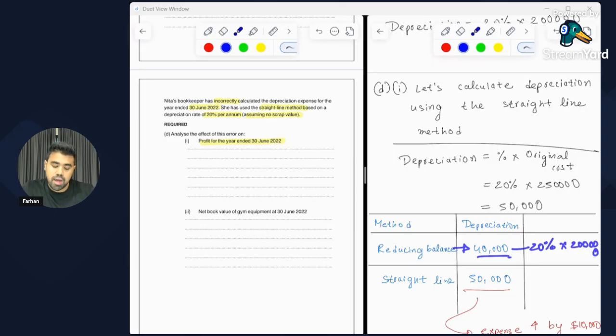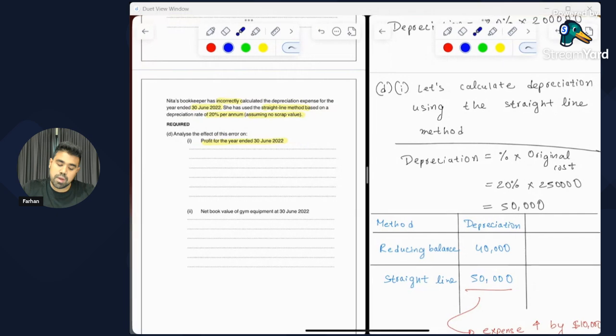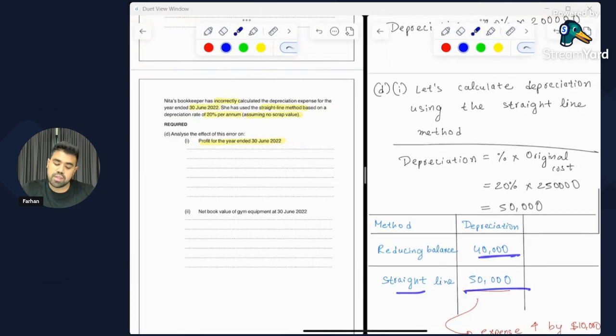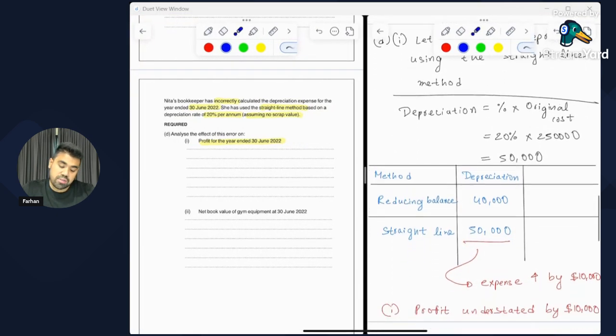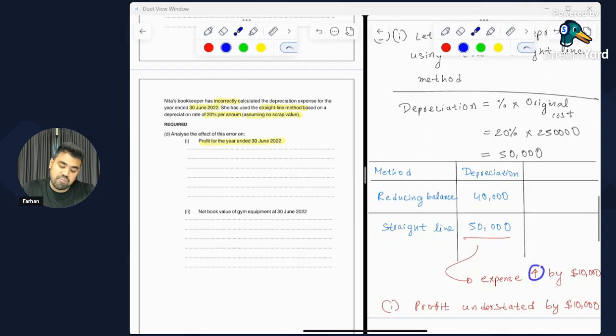But for the straight line method, we multiplied 20% on $250,000. So under the reducing balance method the depreciation is $40,000, but under the straight line method it's $50,000. So the expenses have been overstated by $10,000.